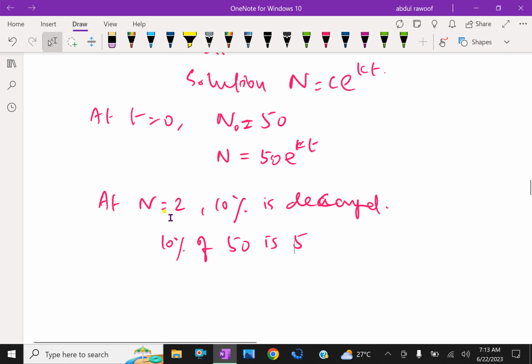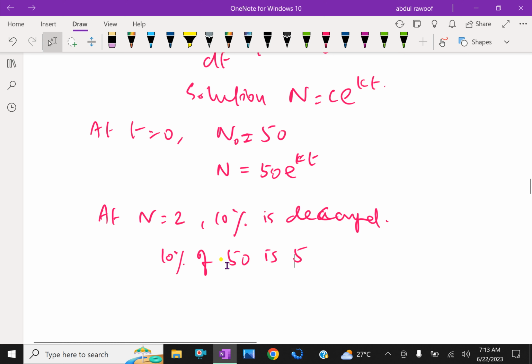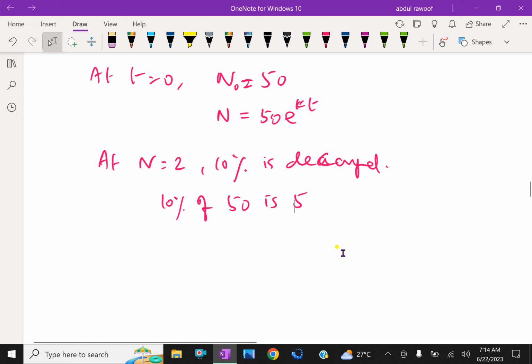So before, 50 milligram is available, then 10% of 50, that is 5 milligram, decayed. Therefore 45 is balanced. Therefore, N equal to 45, which is equal to 50 e power 2k, because after 2 hours, this is the equation.